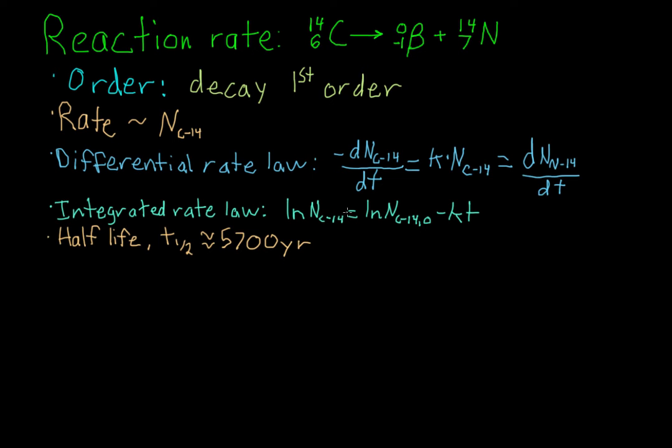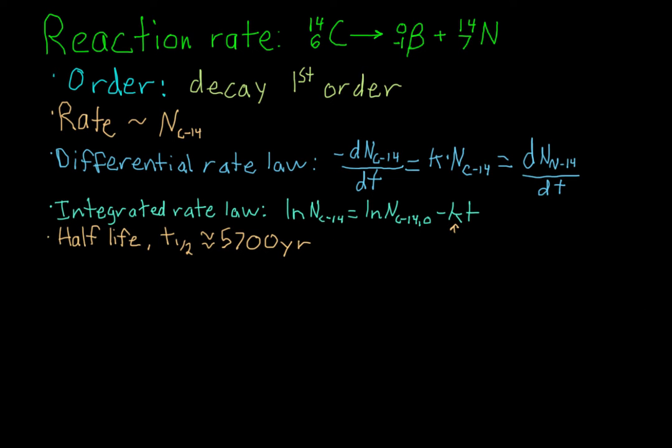Before we continue ahead, the number of carbon atoms is going to depend on whatever sample you're looking at, and so does the time, but we also want to know what this k is.